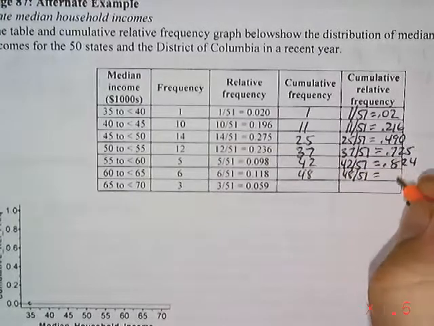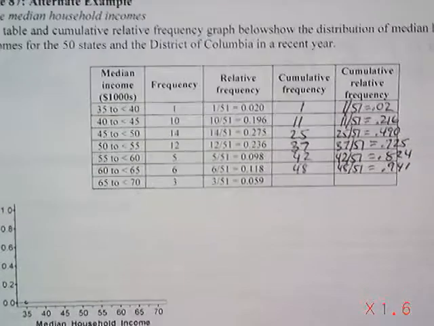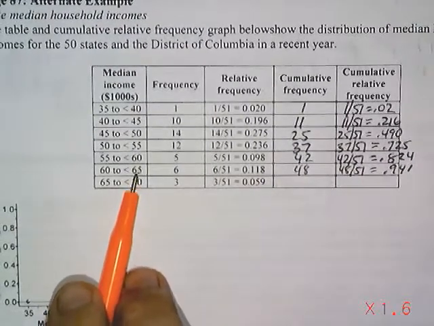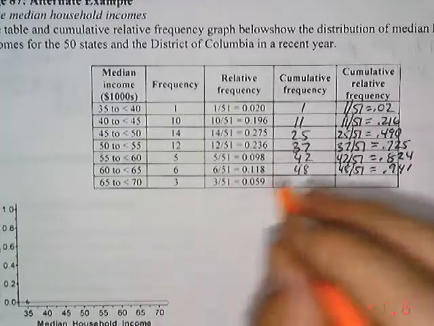And it says interpret the meaning of the point 50, 0.49. Well, the point 50, 0.49, 50 is the median household income, and 0.49 is the cumulative relative frequency.